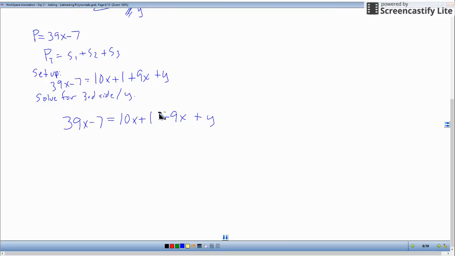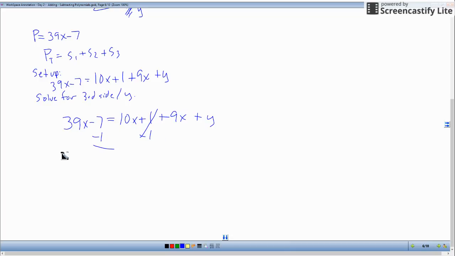The strategy is somewhat simple, but execution has to be clear. So we're going to move the numbers first. I prefer to move the constant terms first. So I'm going to move my constant term here, and a constant term here. And what that does is make this 0. And I like that.